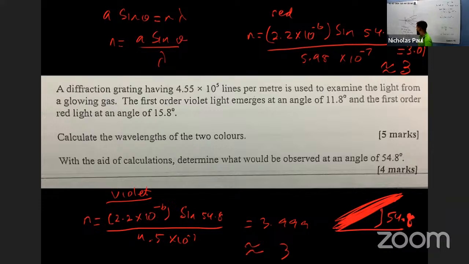For violet it's 4? You round down, right? So violet was how much? 3. And red? 4, right? So it means that violet stopped at 3 there, but red overlapped into 4.